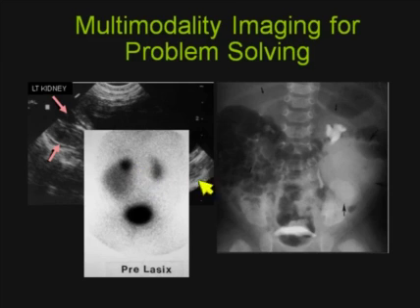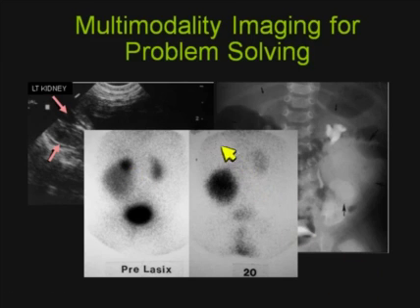Pre-Lasix, from a posterior view, showed that there was delayed filling of this structure in relationship to the upper pole of the kidney. After Lasix, there was clearing of the radiopharmaceutical from the normal portion of the kidney, and then there was delayed excretion into this ureteropelvic junction obstruction in the region of the lower pole moiety of a duplicated kidney.